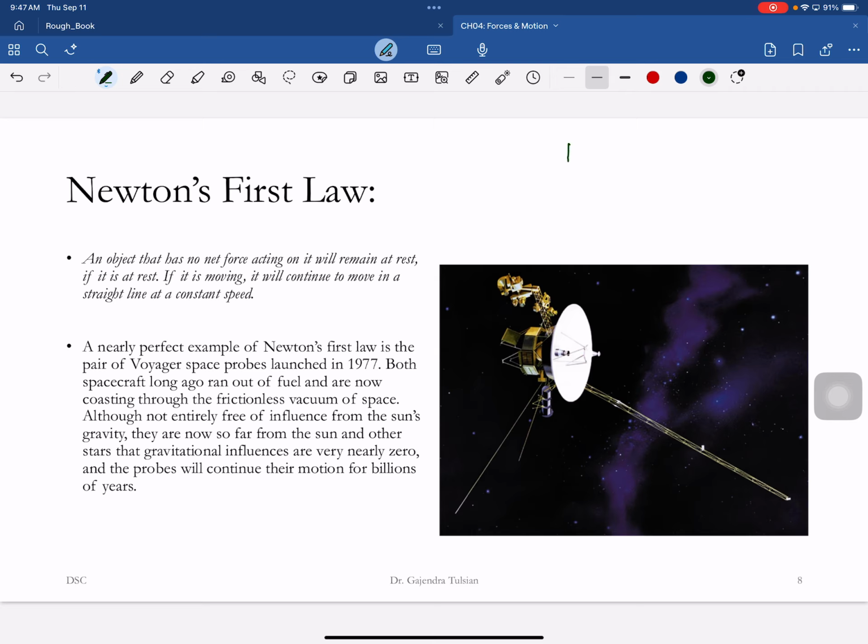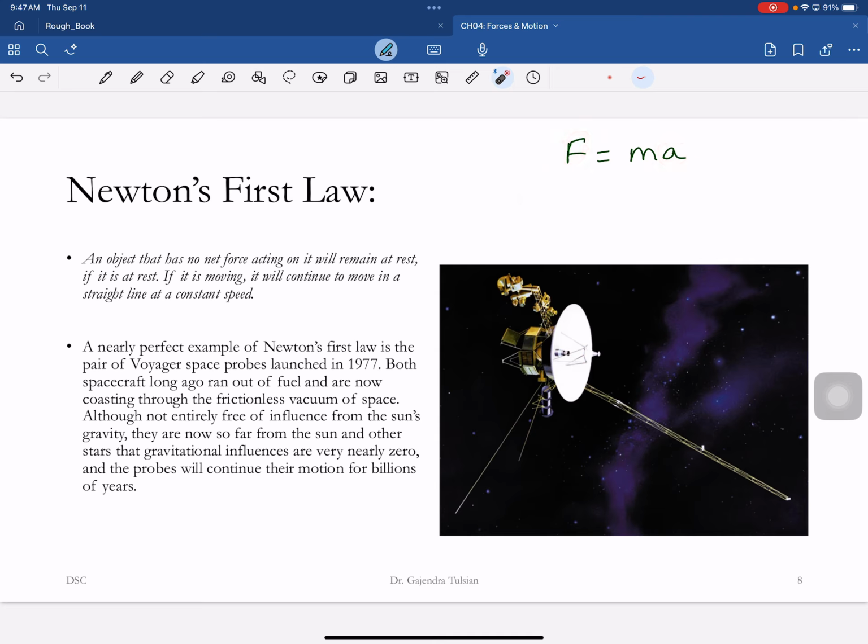Newton's second law tells us what happens if you apply a force on an object. If you apply a force on the object, then it accelerates. Acceleration means change in velocity. So now let's look at this. What if the force is zero? What would be the value of the acceleration?